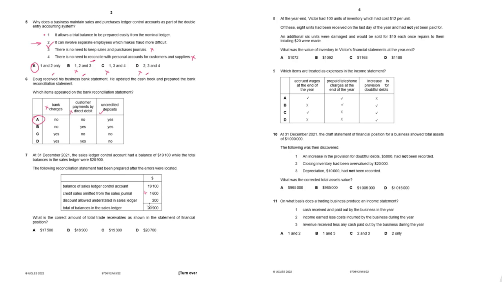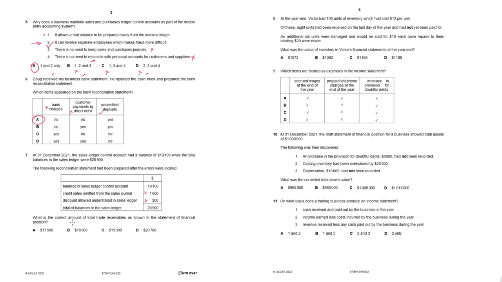Okay. Discount allowed understated in the sales ledger. Okay, if discount allowed is understated in the sales ledger, it means because of this error, the balance in the sales ledger is at a higher level compared to sales ledger control account. So they're adding it to the sales ledger control account balance, which makes sense.